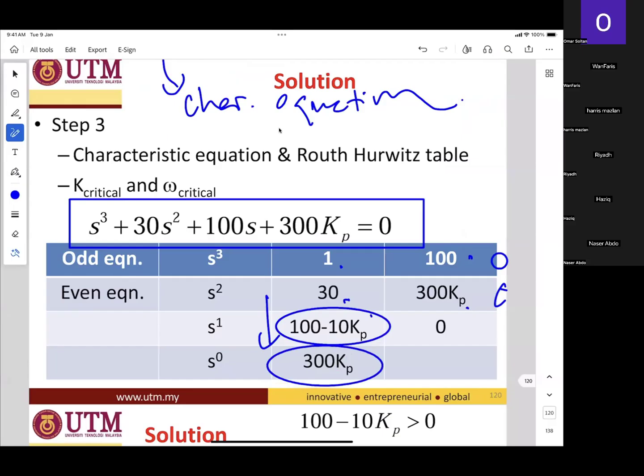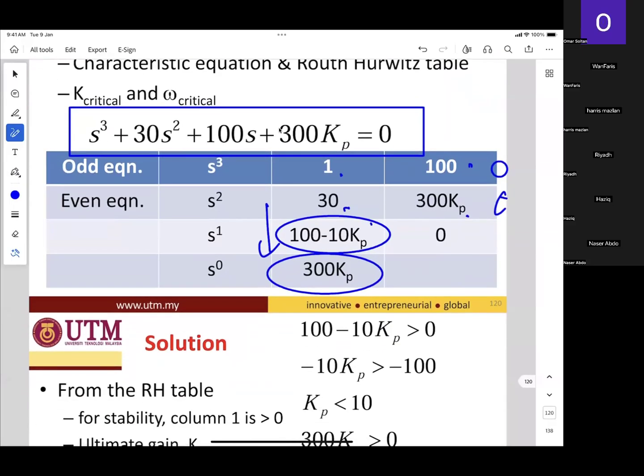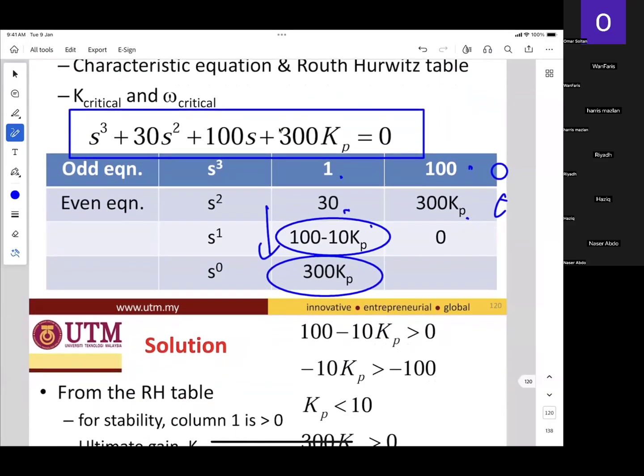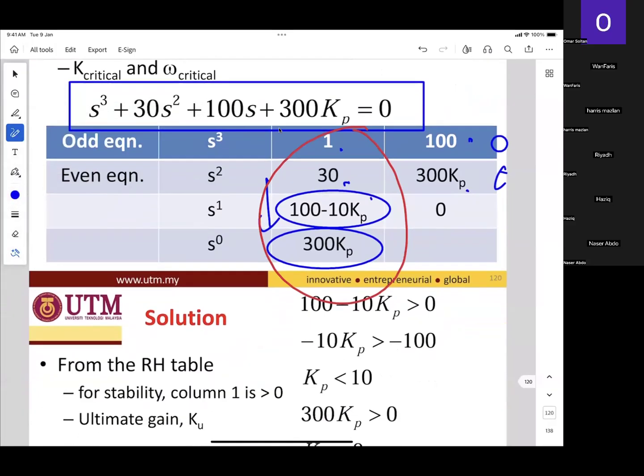Okay, so the theory said that the first column of the row width is greater than 0, meaning that this one, first column, must be greater than 0.